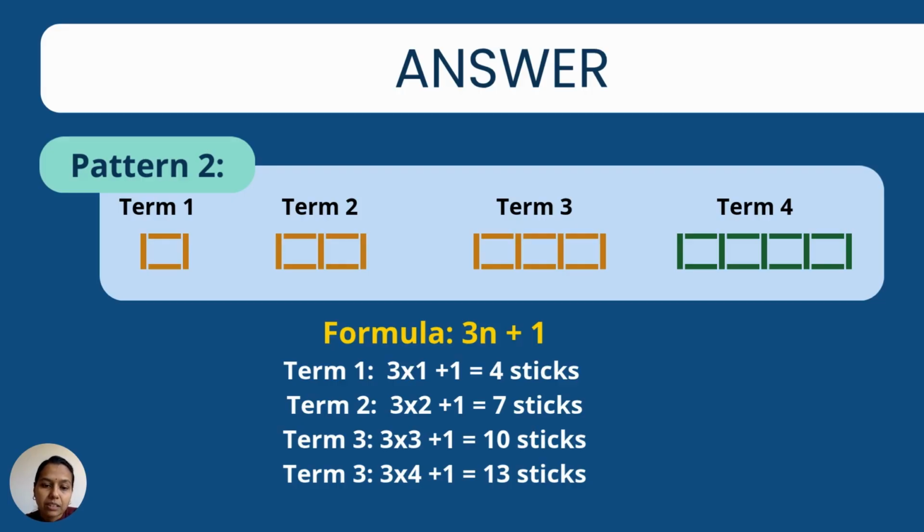In term 3, 3 times 3 is 9, plus 1 gives us 10 sticks. And finally, we have term 4, which is 3 times 4, making 12, plus 1 gives you 13 sticks. So in the final step, you would have to draw it in your geometric pattern, and so I've put it there in green, and you should have 13 sticks when you count them.